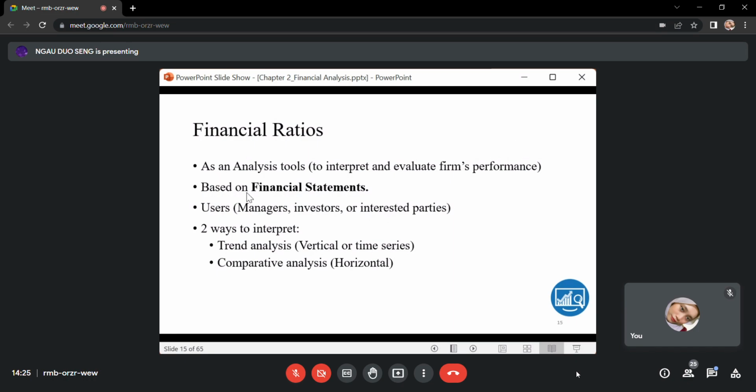So based on the financial statement, normally we are using the balance sheet and income statement. So who is using the financial statement? Managers. Managers will do comparison with other companies, a benchmark, to see whether they are better or not as compared to others.